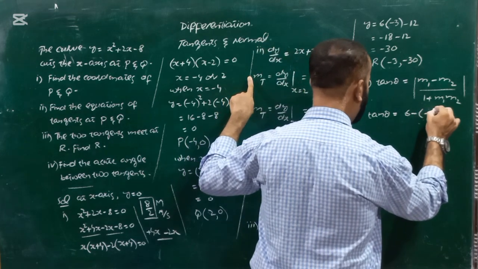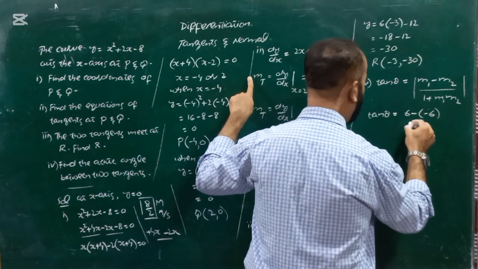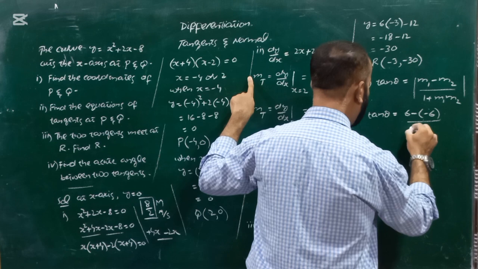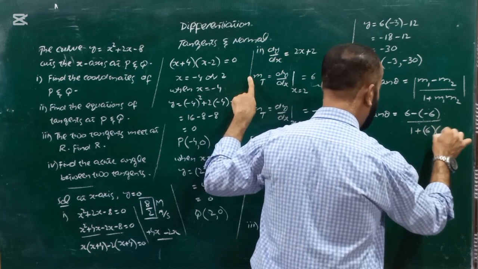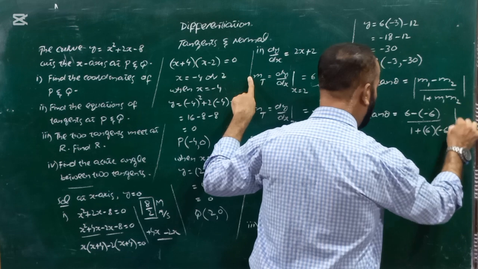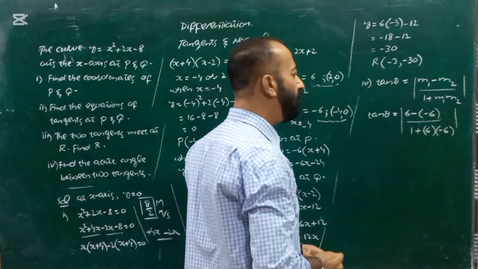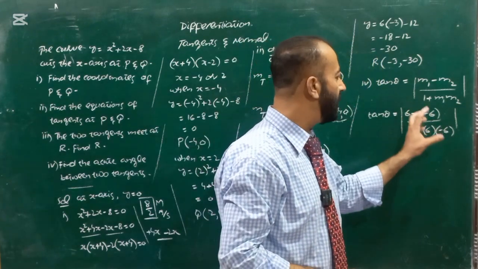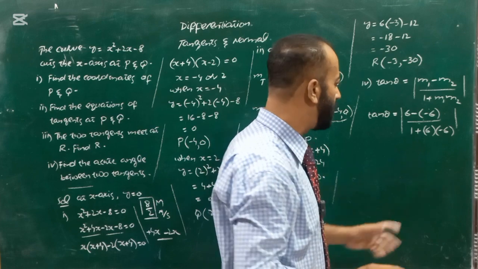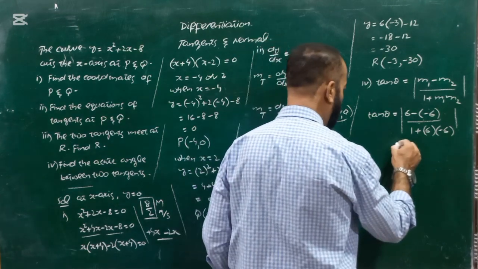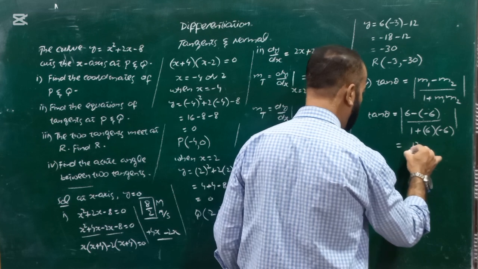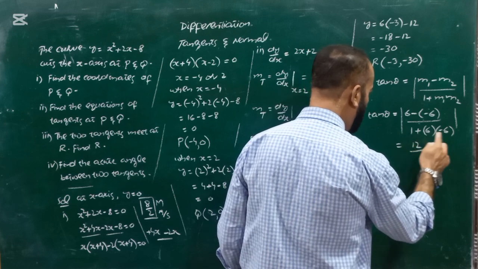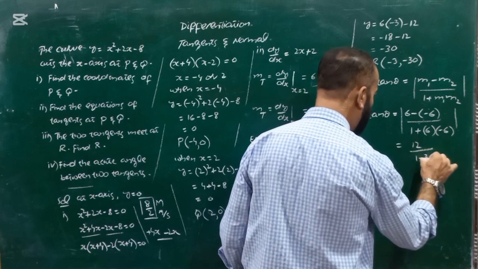So put it into the bracket over 1 plus m1 m2, so 1 plus 6 into minus 6. Mod is there. The function of the mod is to make the answer positive. So moving further, 6 plus 6, 12 over 1 minus 36.